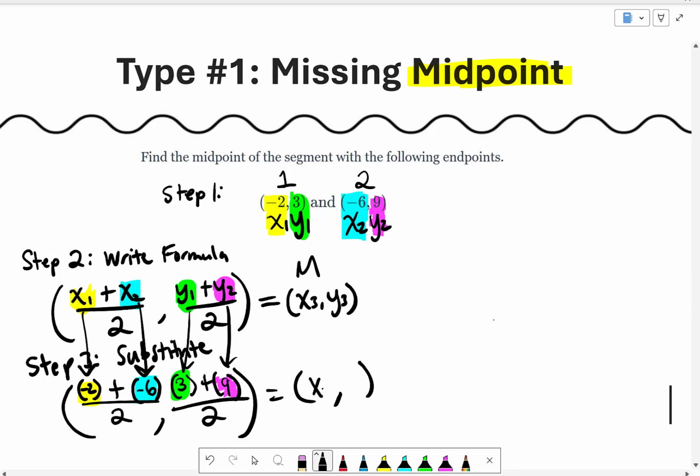And then we copy x3, y3 because we don't have it.